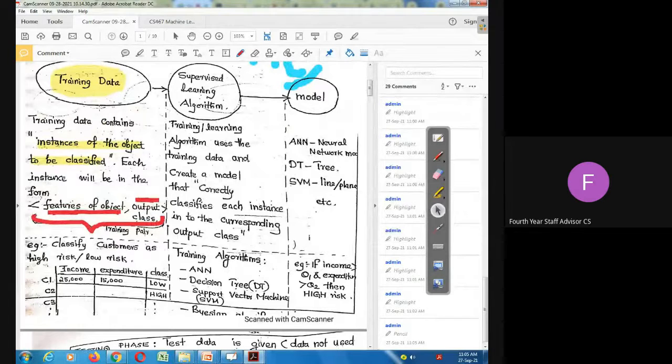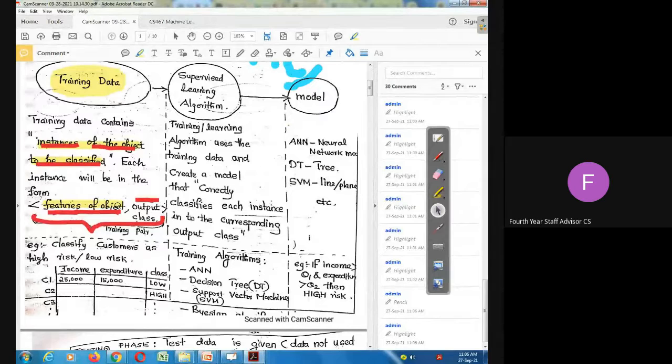So in this way, this is about the training data. So what does training data mean? It consists of the instances of the object to be classified, and each instance will be in the form of a two tuple. One part consists of the features of the object. What is meant by a feature of an object?